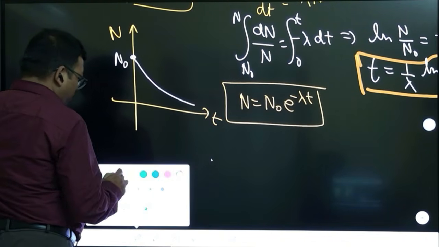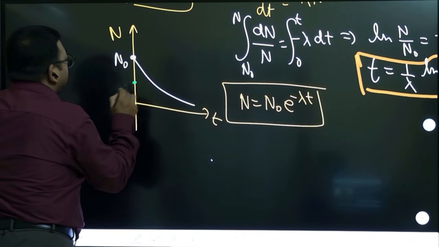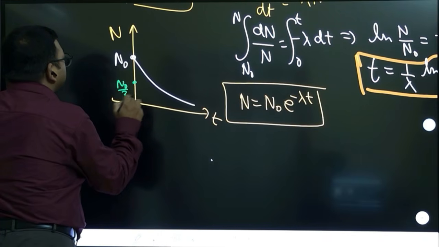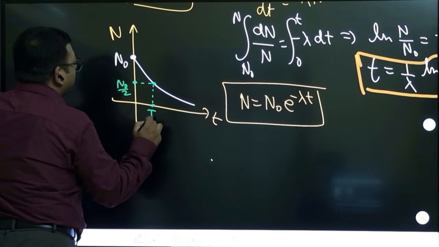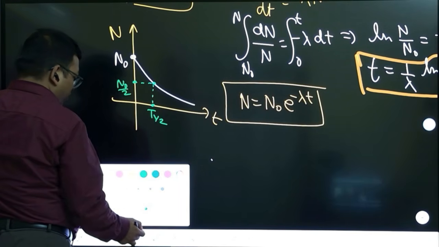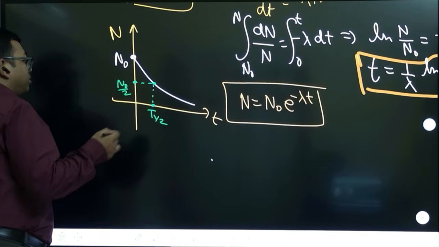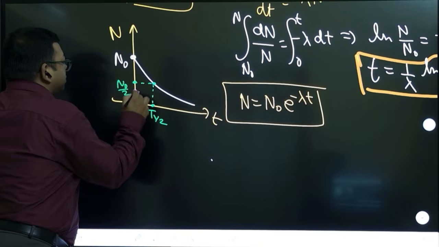If you see this graph, suppose the number becomes N naught by 2 at some time t. So this time t we will call t half, right? And after some time N becomes N naught by e. This is N naught by e.